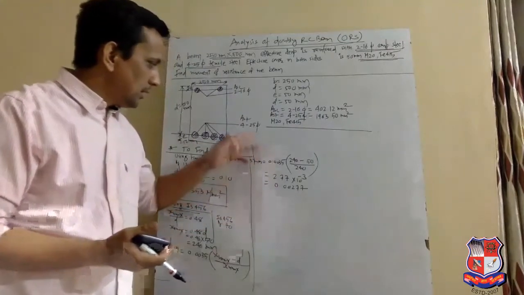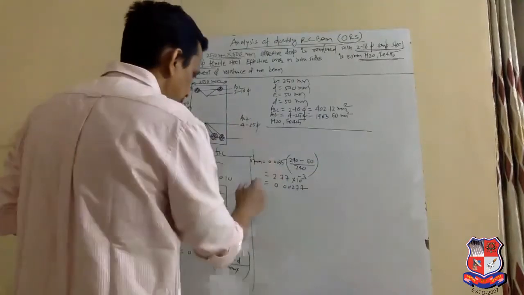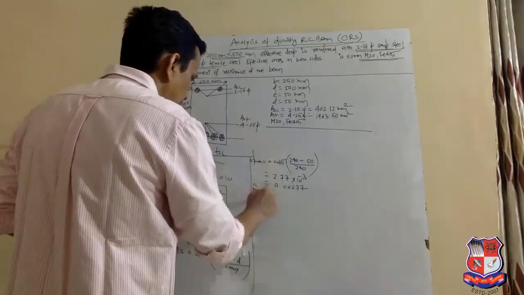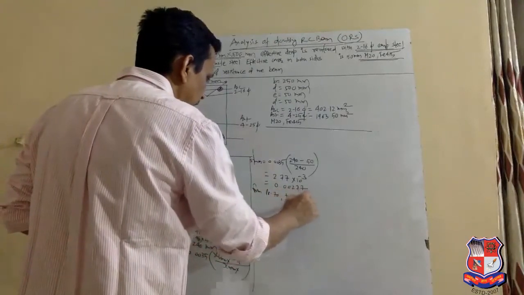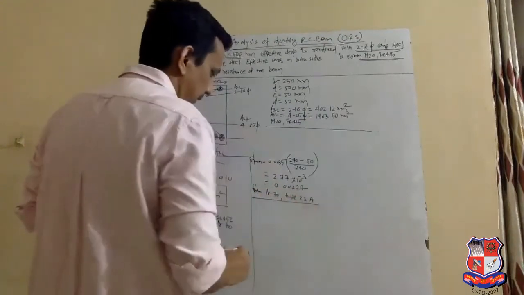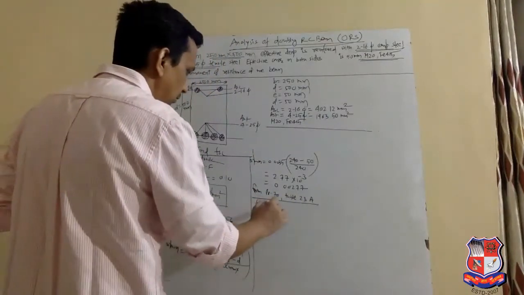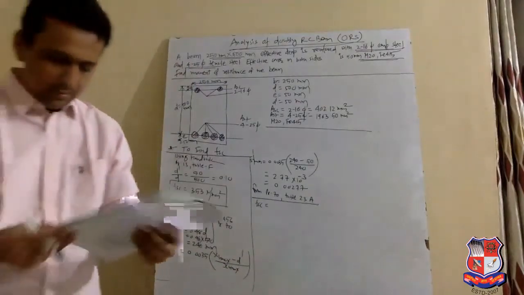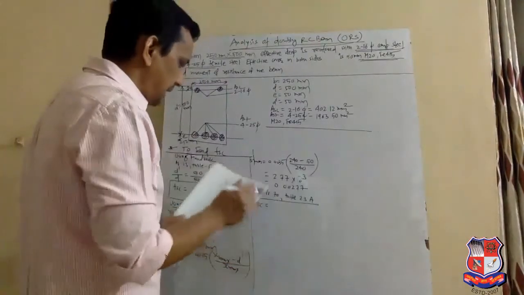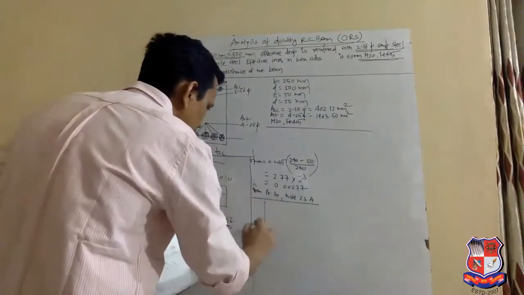Now, once we find the strain value, we have to find stress from IS 456 page number 70, table 23A, right? We get the FSC value. On page number 70, let me explain again.